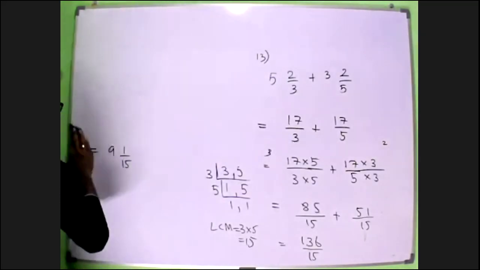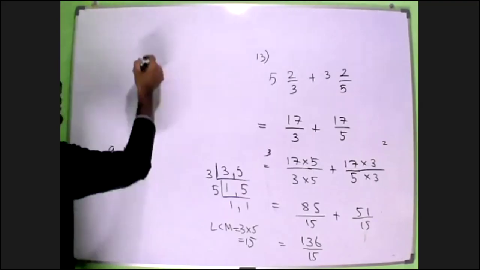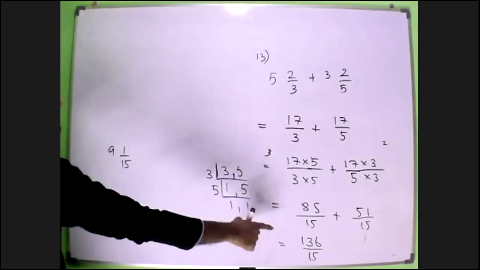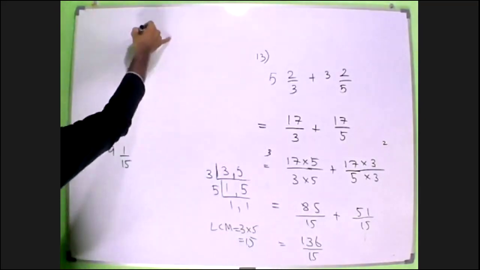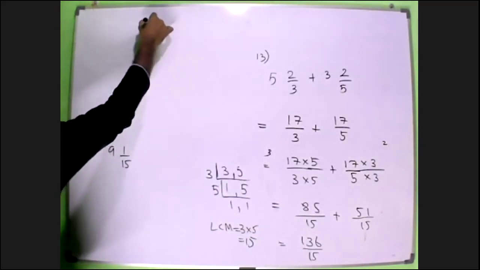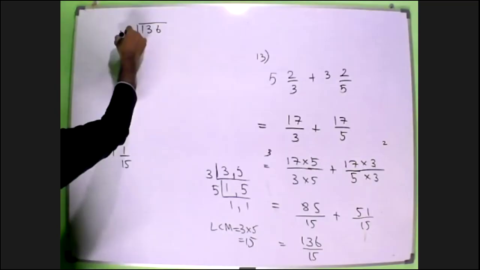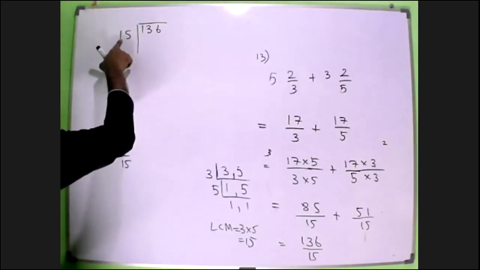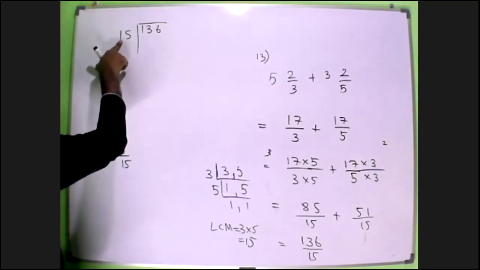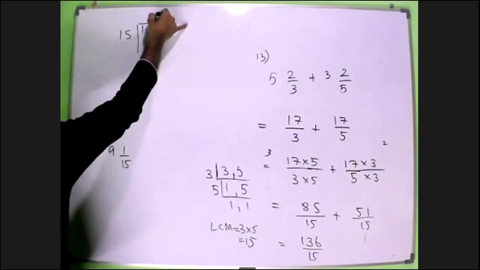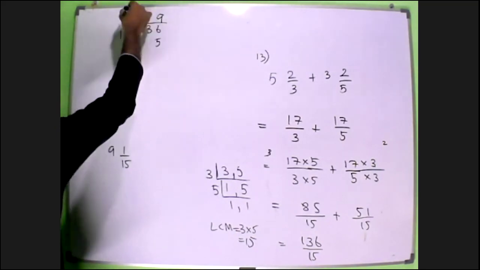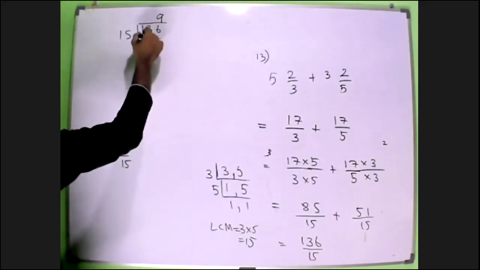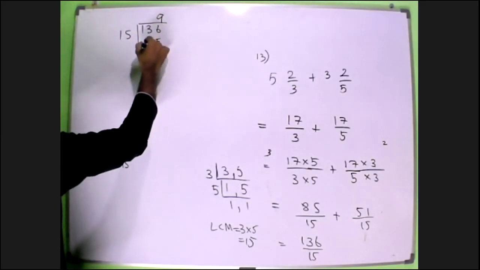Right, so you have to use long division for converting this improper fraction into a mixed number. 136 divided by 15. How many 15s are there in 136? So I will say 9. 9 times 15 should give 135.